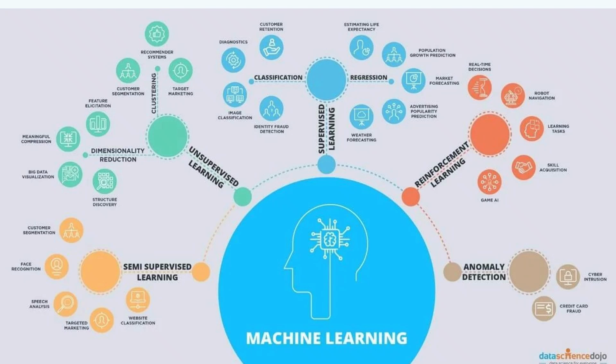These types of learning are used for different reasons. Some are used for image recognition, some for making decisions, some for translation. So different applications require different kinds of machine learning.